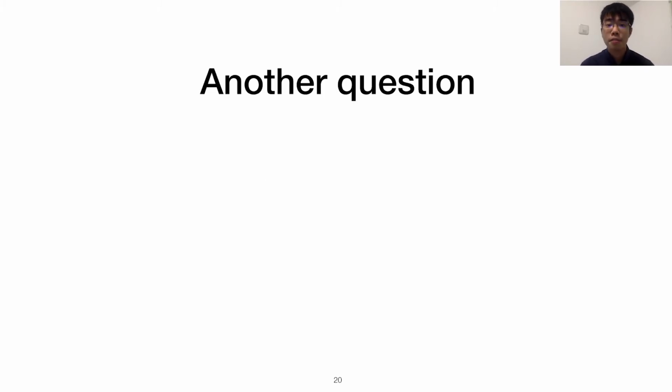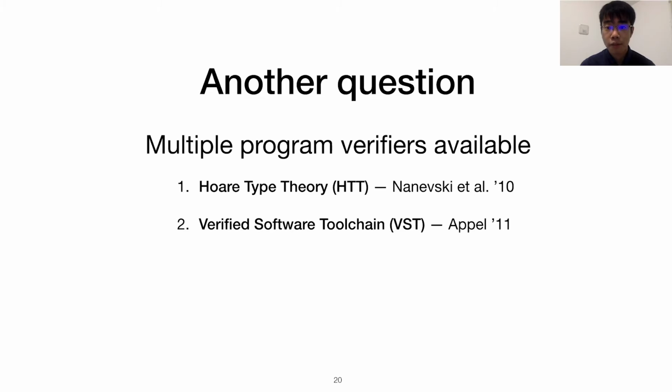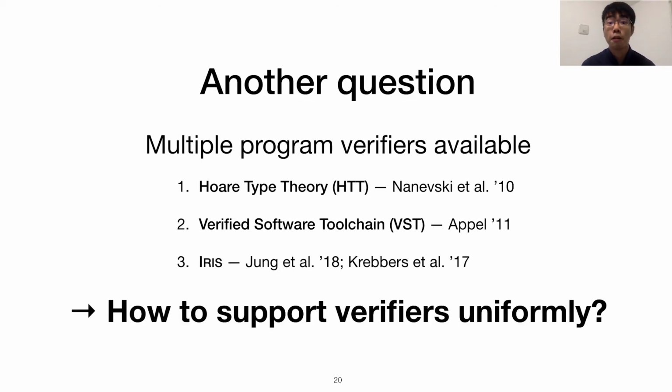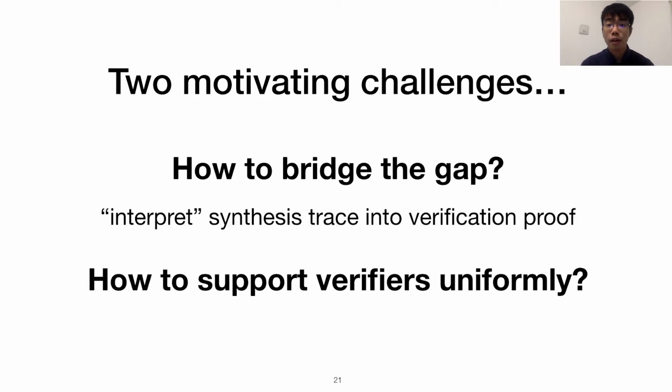Another consideration is that multiple program verifiers embedded into Coq can do separation logic proofs like Hoare type theory, or HTT, verified software toolchain, or VST, and Iris, to just name a few. How do we uniformly support certificate generation for all of these verifiers? These two challenges form the basis for our work. To overcome the synthesis verification gap, we need a way to interpret synthesis proofs into verification ones.